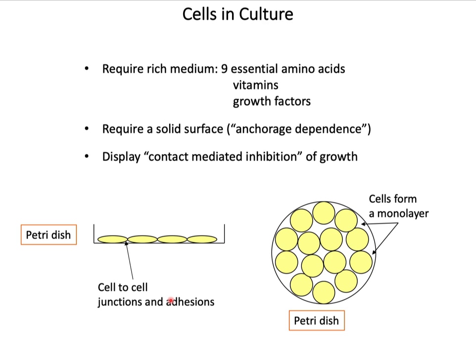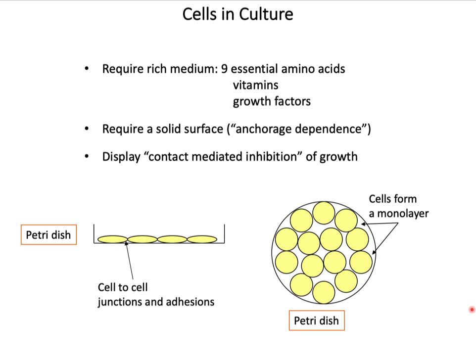Cells in general also require a solid surface to grow on because that mimics their interaction with each other and mimics their interaction with the extracellular matrix that surrounds the cell. This is sometimes referred to as anchorage dependence. So they must adhere to something or be anchored to something in order to grow.